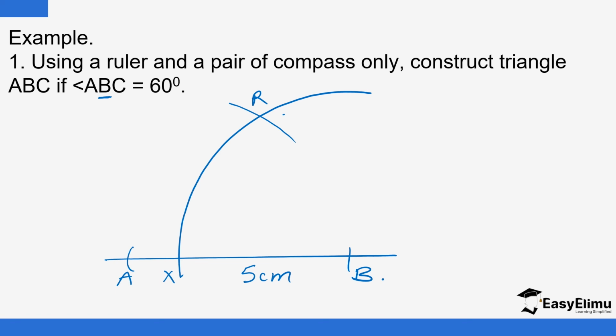So now you join point B. Remember, we are constructing the angle 60 degrees at point B. So we join B to R. Join B to R. That way. So this one here is 60 degrees, as has been given.